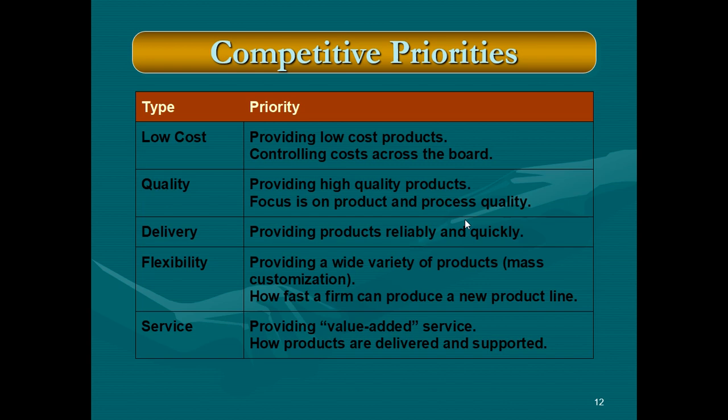In order to have low cost, you must provide low cost products and control costs across the board, to minimize new production system costs, for example, and also to decrease any error or any defect. Any process that will maximize your cost must be deleted or recovered or modified.